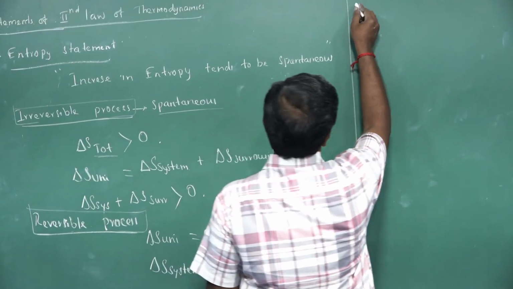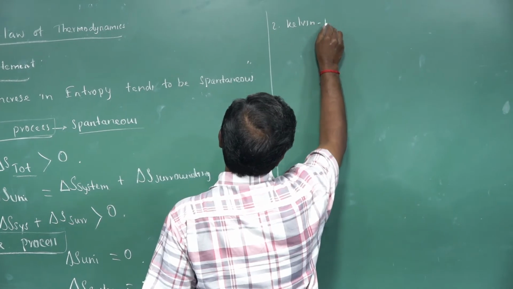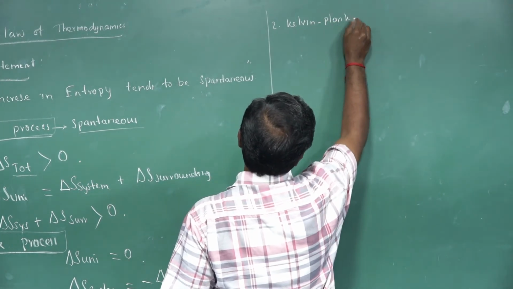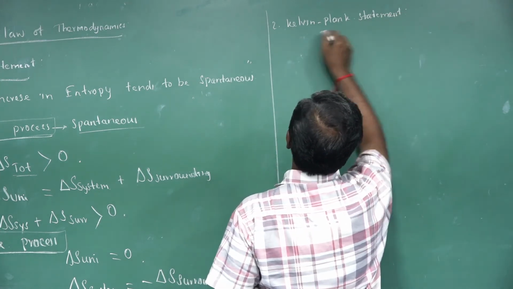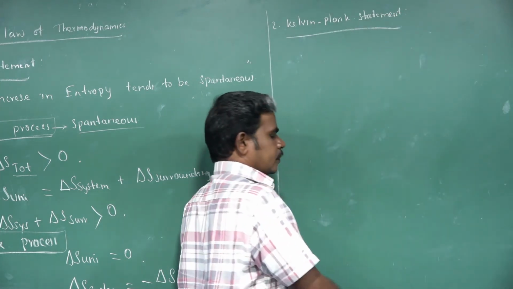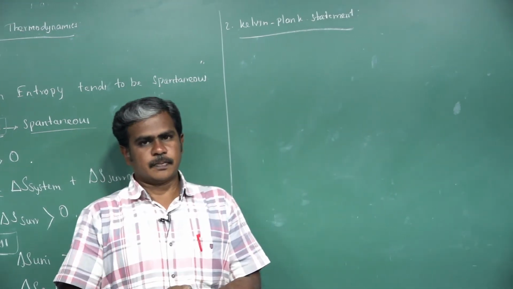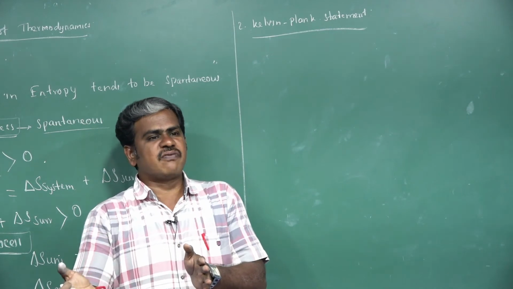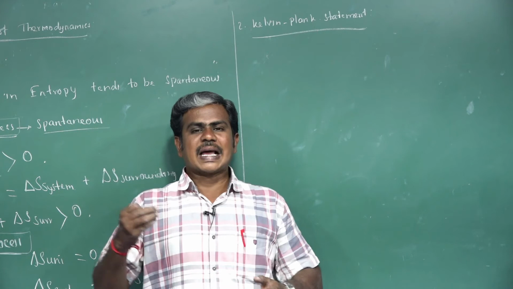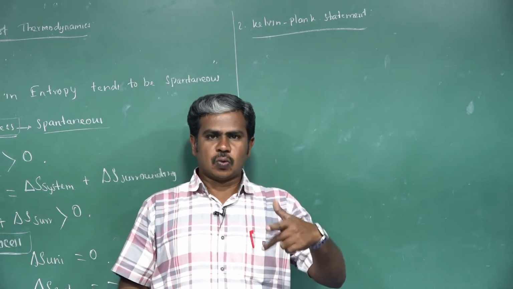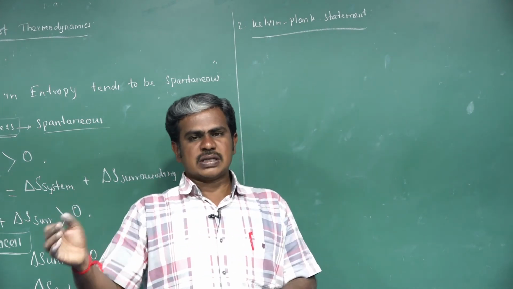Now we are taking the second statement, the Kelvin-Planck statement. According to Kelvin-Planck, it is impossible to construct a machine which absorbs heat from a single hot source and completely converts it into work without transferring heat to the sink.